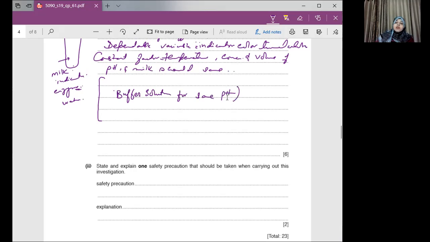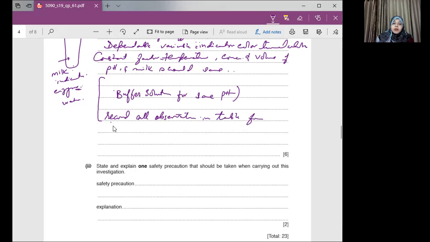Okay. For this one, you have to find out how much time is needed for the indicator to turn white. Then you have to write down that you record all the observations in table form.